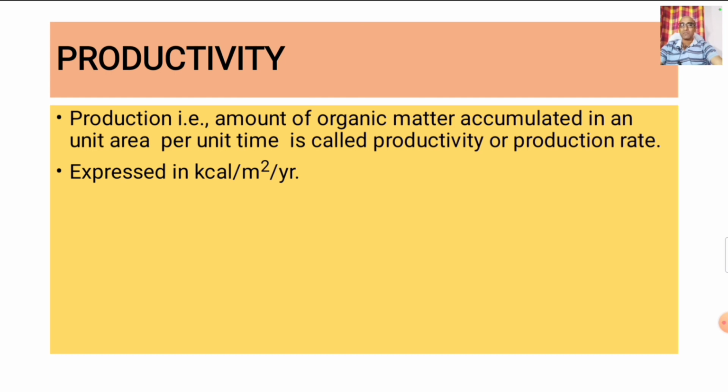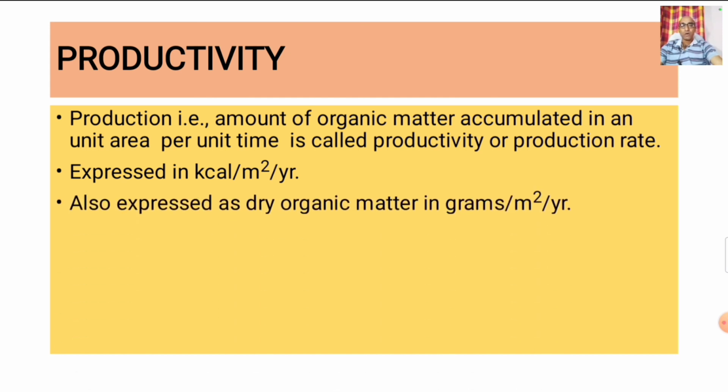You can express it in many ways, that is in kilocalorie per meter square per year, or amount of dry organic matter in grams per meter square per year. So in whatever way you express, it clearly shows that it is the amount of production per unit area per unit time. Okay, so this is what productivity is.